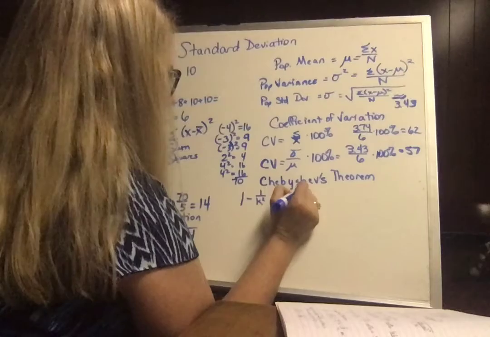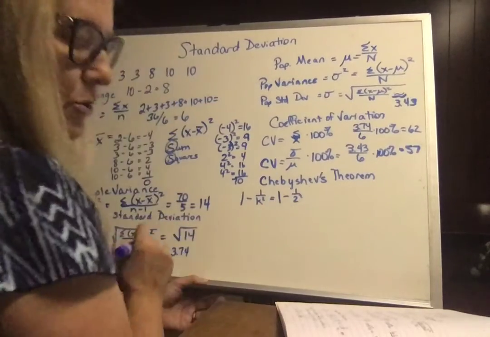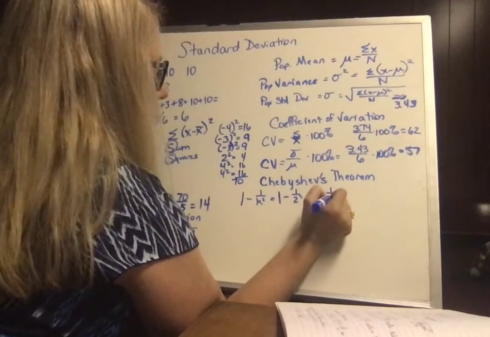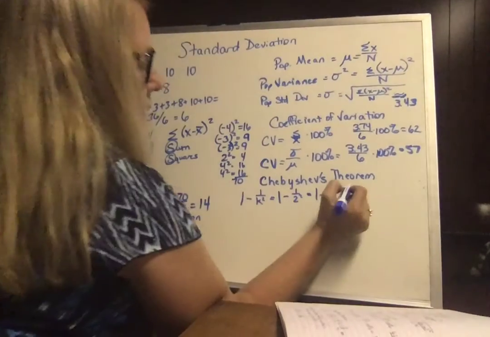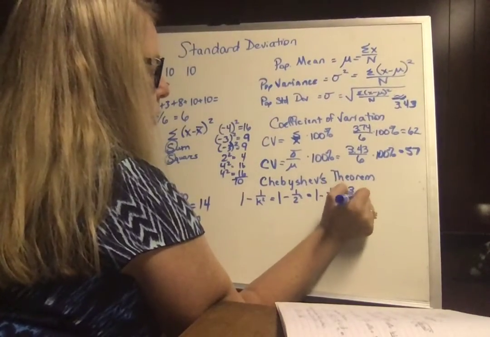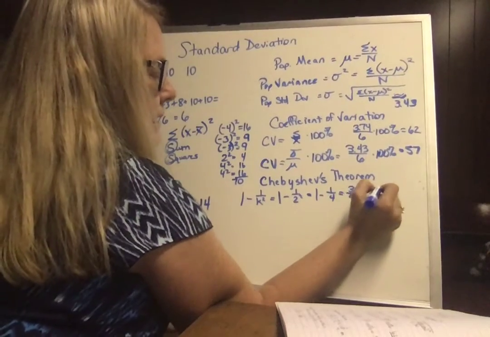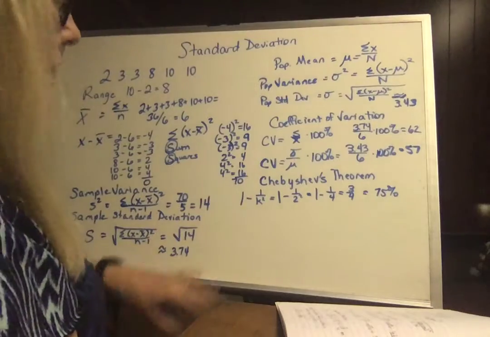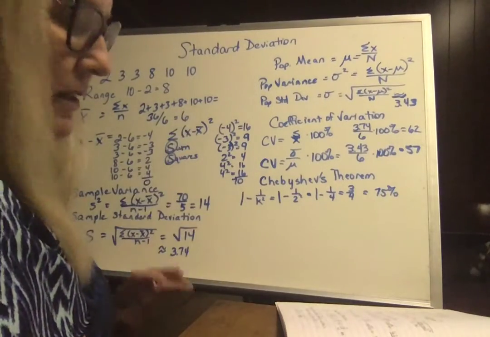So we'll just do a random 2 in case it was 2 units away. And 1 minus 1 over 2 squared, 2 squared is 4. 1 minus a fourth is 3/4. That means that 75% of the data is within 2 units from the mean.